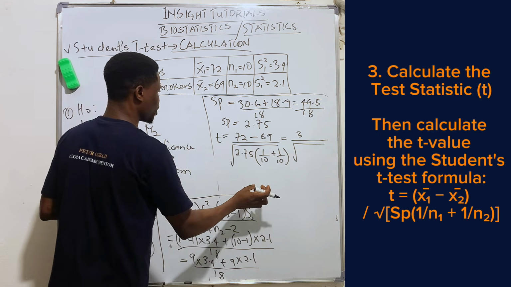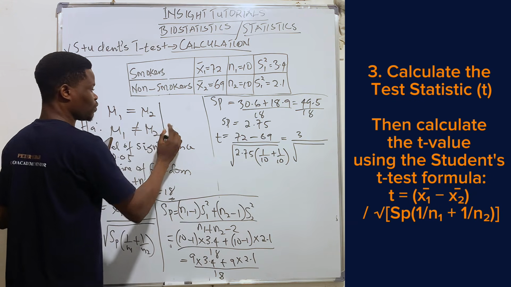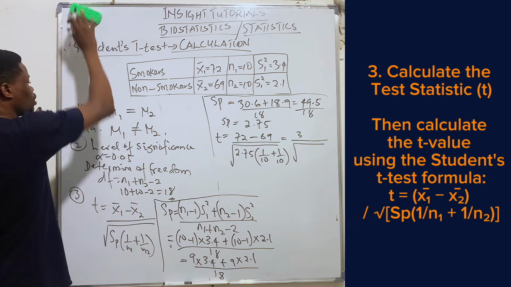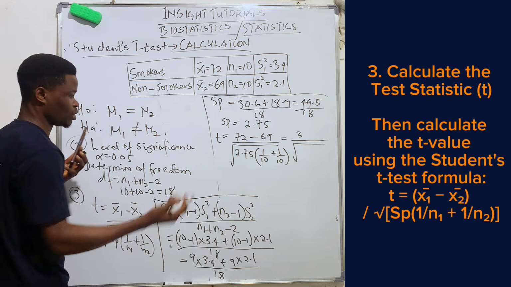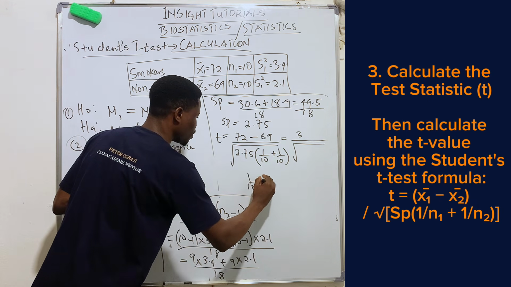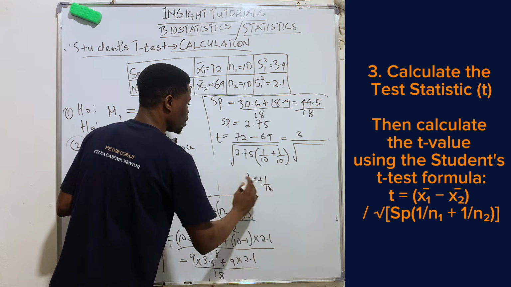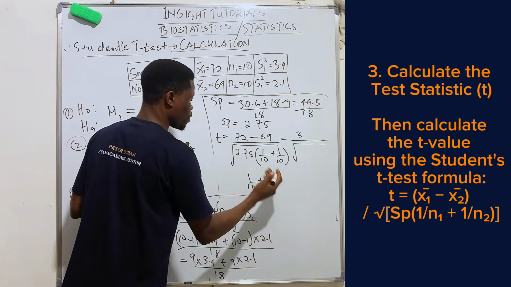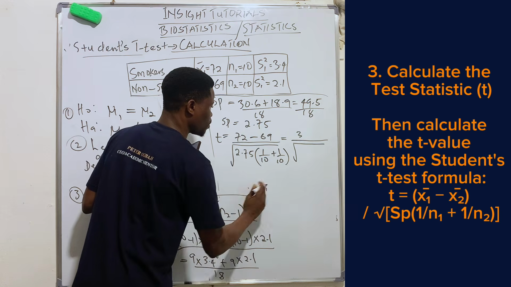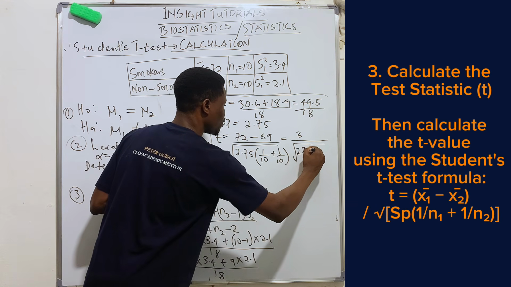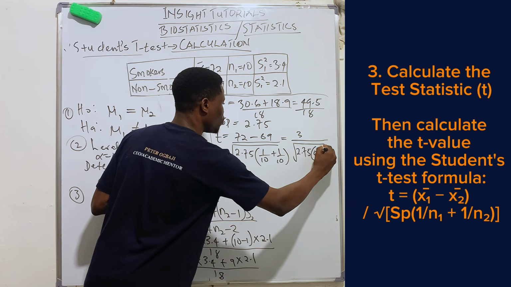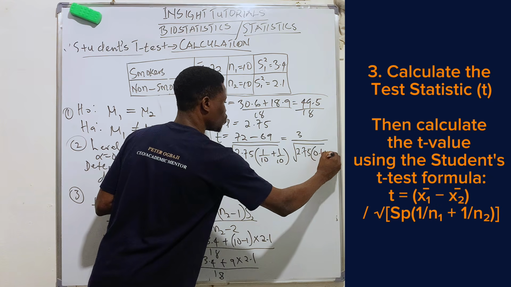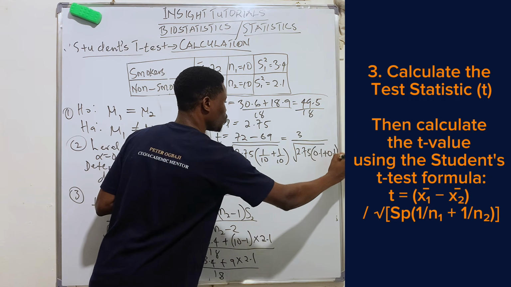Let's solve for this bracket. Remember, this is 1 over 10 plus 1 over 10, which is 0.1 plus 0.1. So we could write this as 2.75 in bracket of 0.1 plus 0.1.